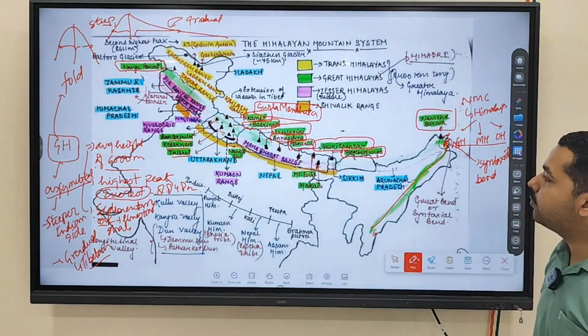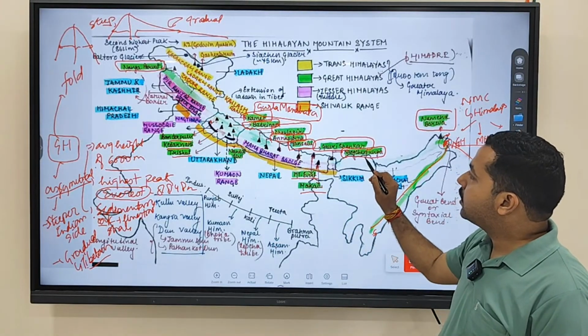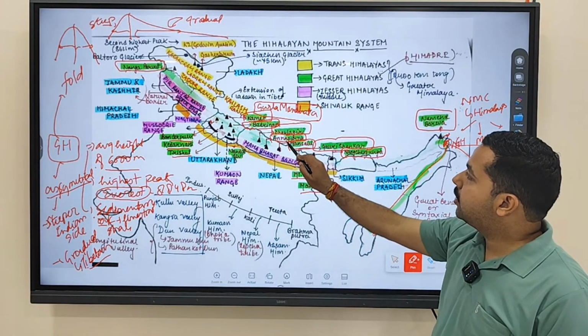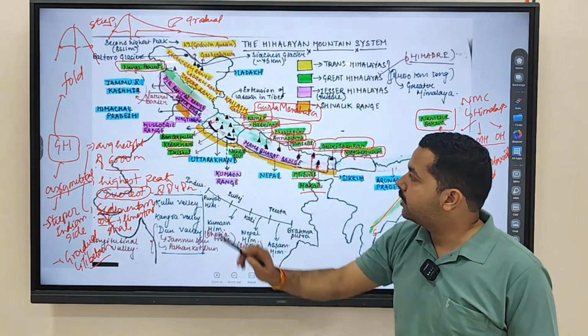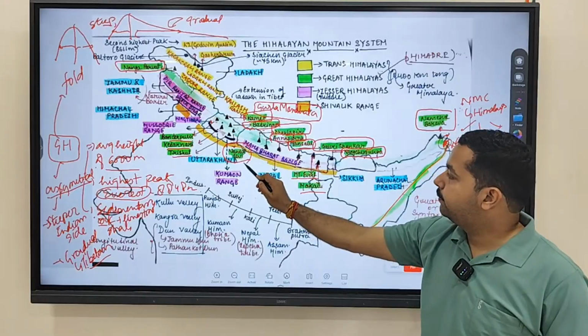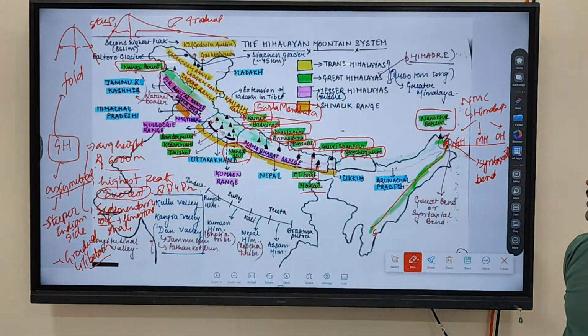Clear? So note down the names of all these: Makalu, Mount Everest, Gauri Shankar, Kanchenjunga, Mansalu, Annapurna, Dholagiri, Badrinath, Kamet, Trishul, Kedarnath, Bandarpunch, Nanda Devi, and Gurla Mandata. Write all these down as peaks of Greater Himalayas.